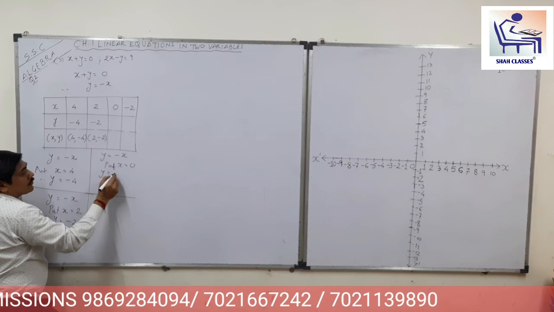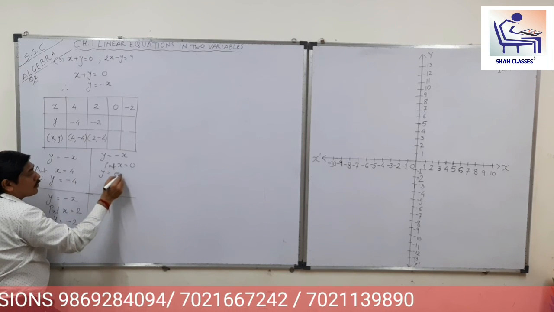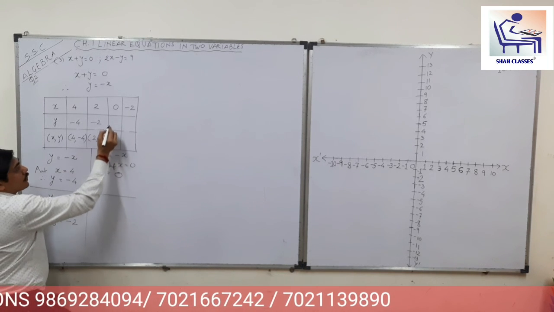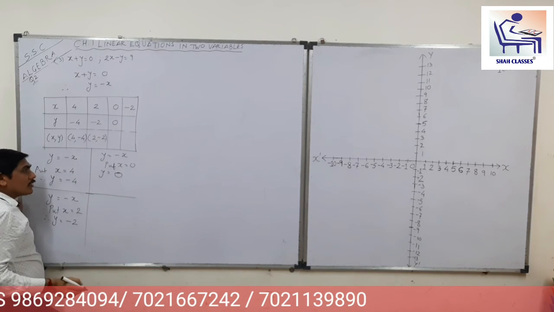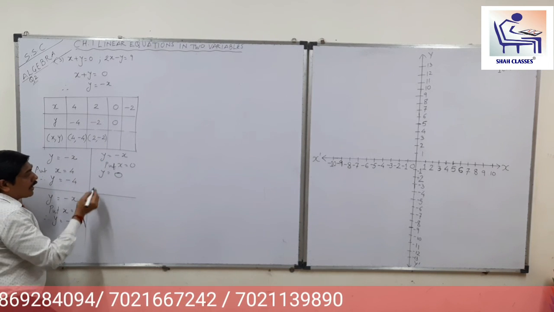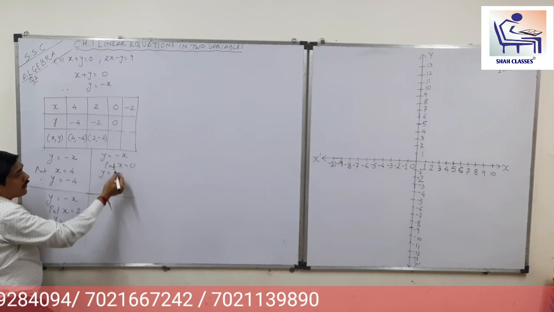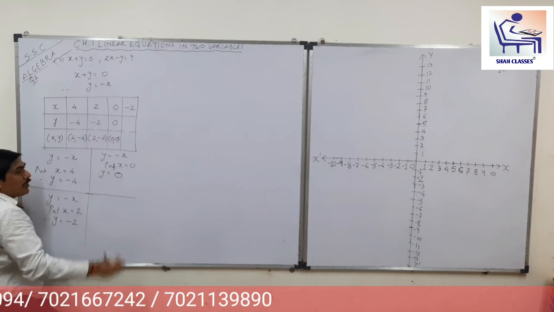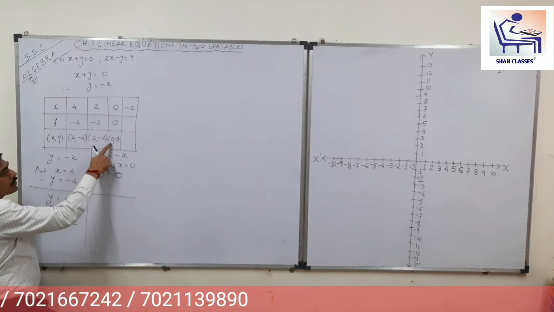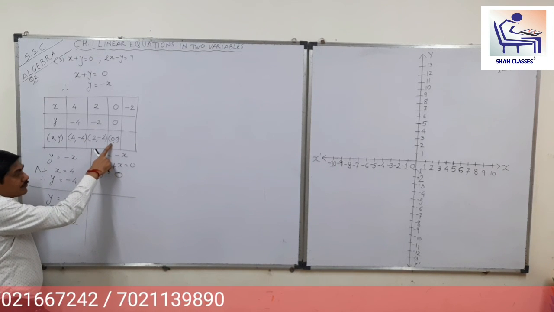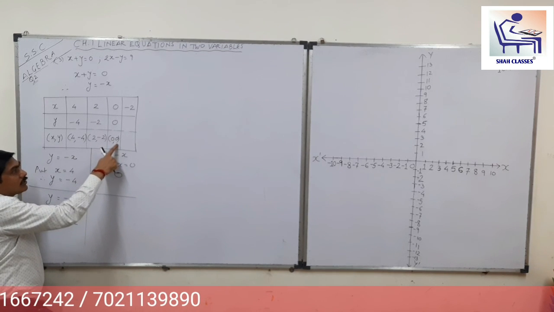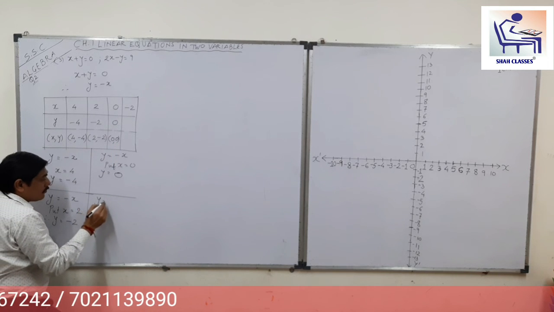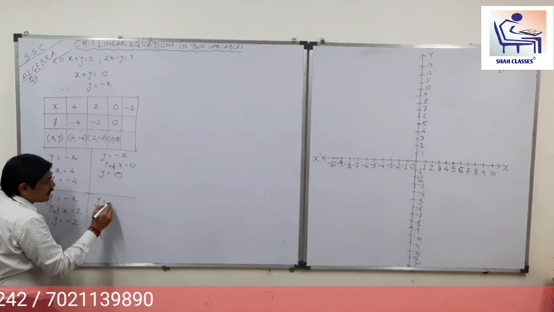So here y is equal to 0. 0 doesn't have any sign. It's neither positive nor negative. So directly we are putting y is equal to 0. It means this line is passing through origin, because both the values are 0. We can judge here from this value.